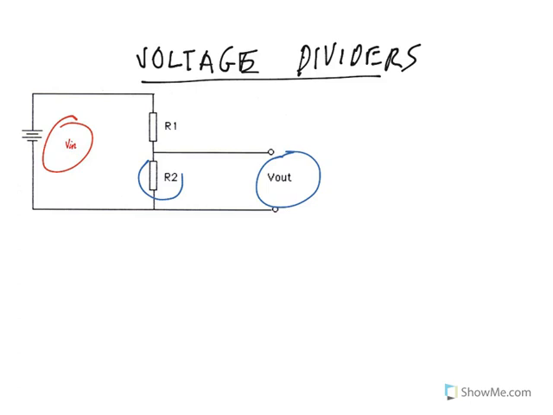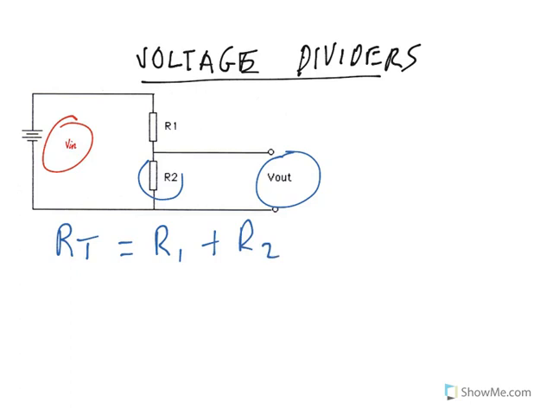Alright, so let's have a look at this circuit in a bit more detail. Forgetting about V out at the moment, the total resistance of that circuit on the left there, because they're in series, is R1 plus R2.